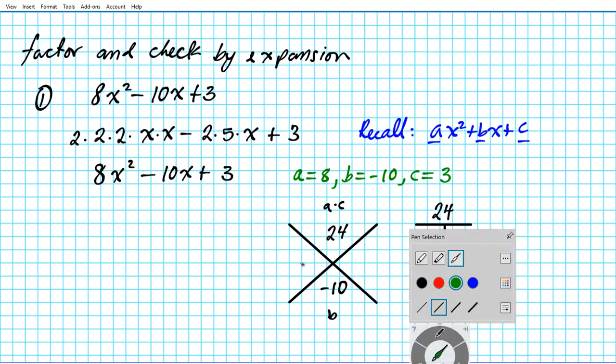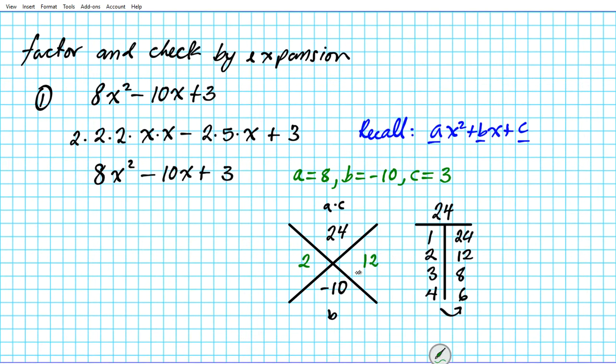So what if we put 2 and 12? Now we have to fix the signs to see if it works. The product has to be 24, which is perfect, but the sum has to be negative 10. In order for the sum to be negative 10, that means the bigger has to be negative. So we have a situation here where 2 minus 12 is negative 10, but 2 times negative 12 is not positive 24.